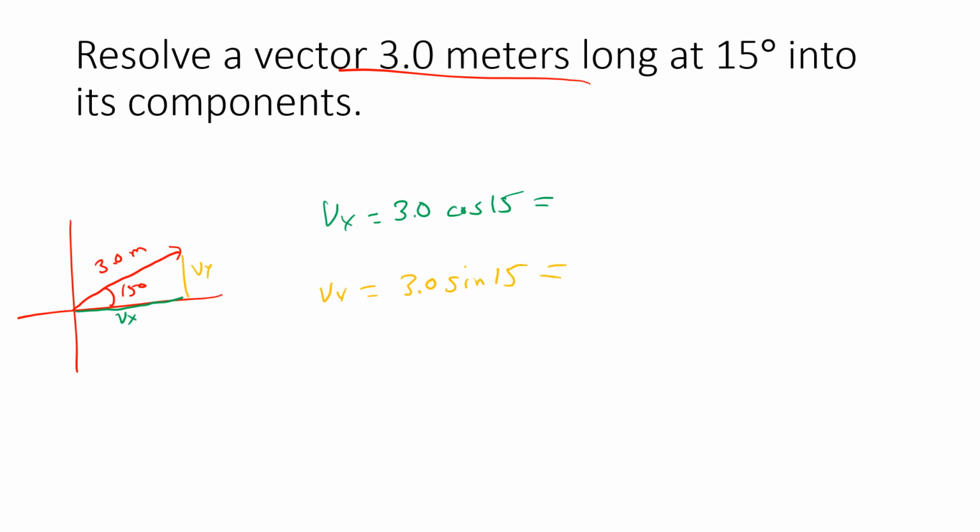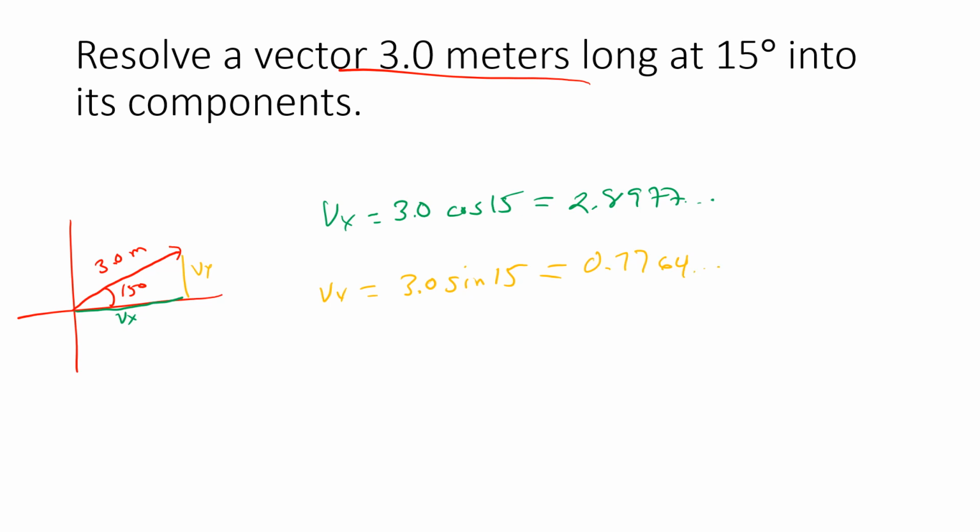My x component is 3 cosine 15, and you should get 2.8977 dot dot dot. My y component is 3 sine 15, and I should be getting 0.7764 dot dot dot.